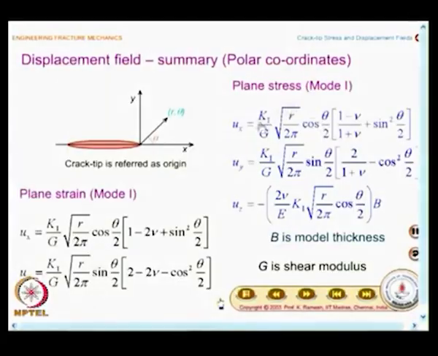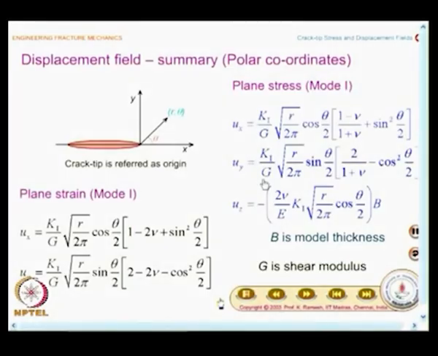When you look at a displacement field, can you have very high displacement at the crack tip? You cannot. So, there is no singularity attached. When r goes to 0, what happens to these displacement components? The displacement components also go to 0. See, this is another check for you to ensure that you are in the right direction.